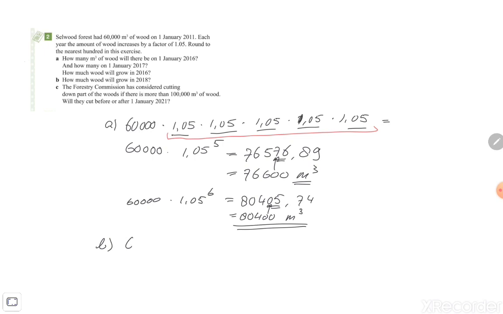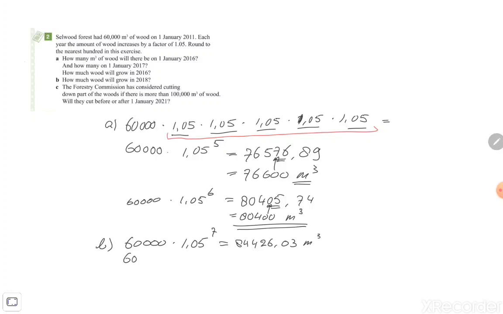So I'm going to use the 60,000 multiplied with 1.05 again, and then to the power of 7. Now why 7? Because then I know it from 1 January 2018. And that will be 84,426.03 rounded to two decimal places.